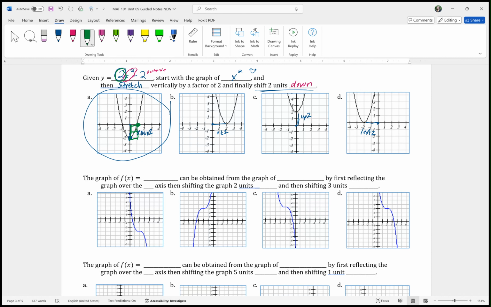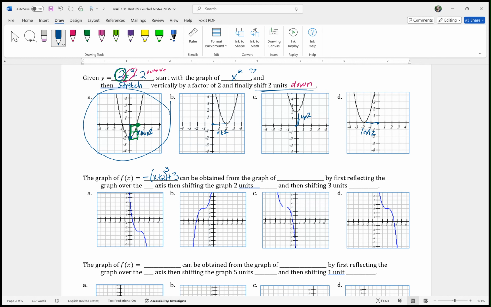We pretty much could see that by just going down. Let's look at another example. The graph of f of x equals negative x plus 2 cubed plus 3. Negative x plus 2 cubed plus 3 can be obtained from the graph of.